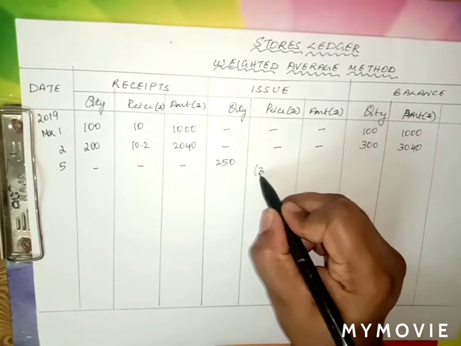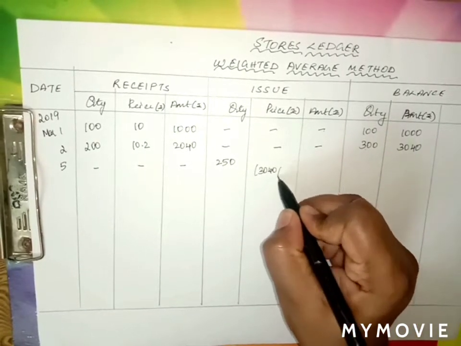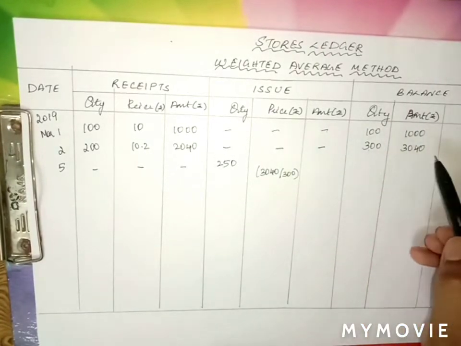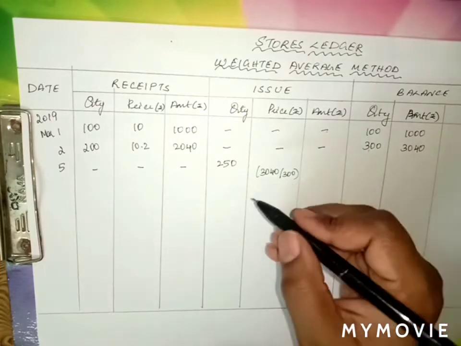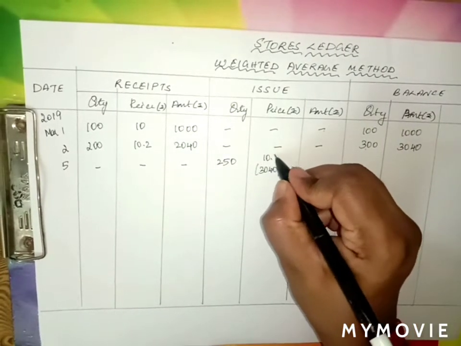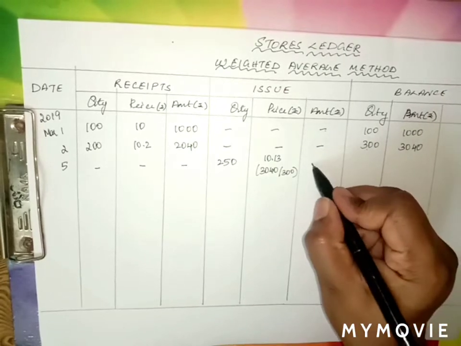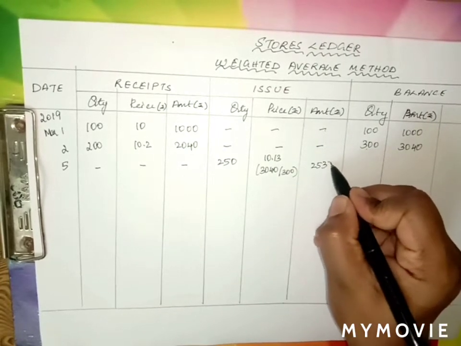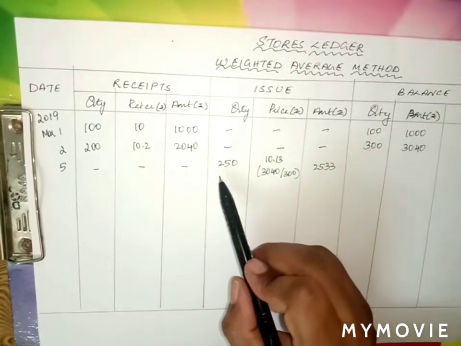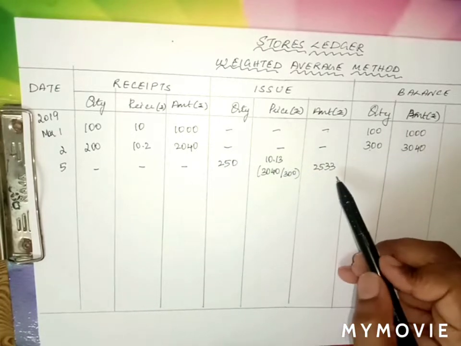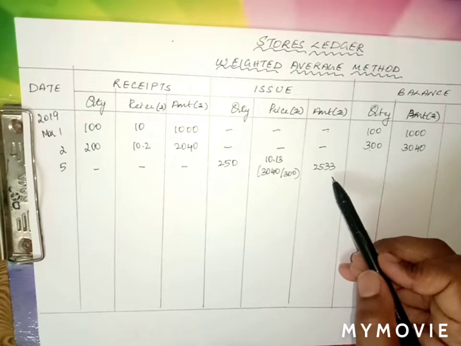So it should be 3040 divided by 300, and you will get 10.13. The price is fixed as 10.13, so the value will be 2533. So 250 units will be issued at a price of 10.13 at a value of 2533.